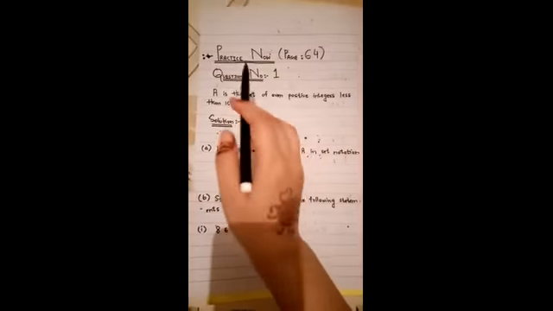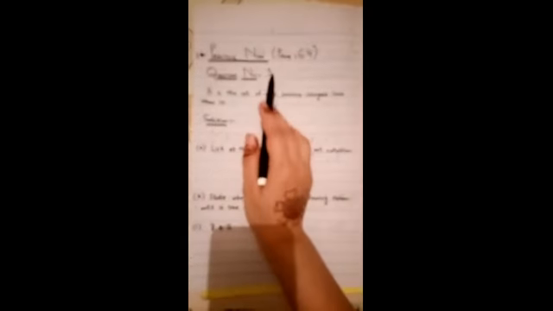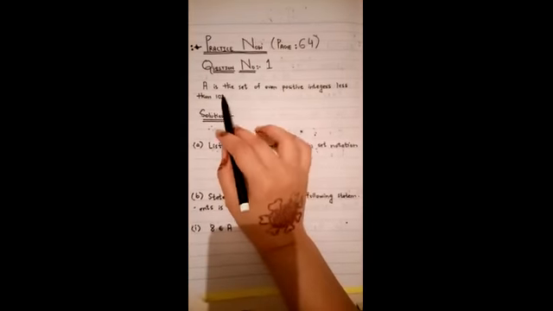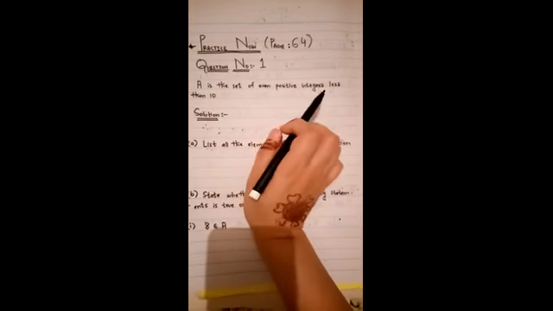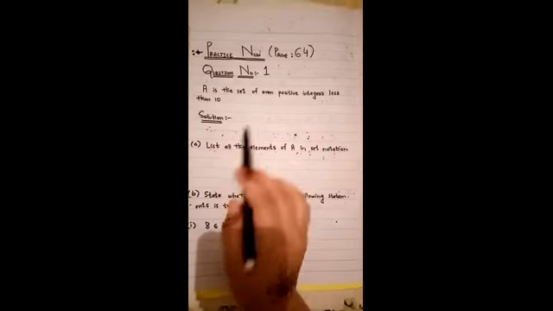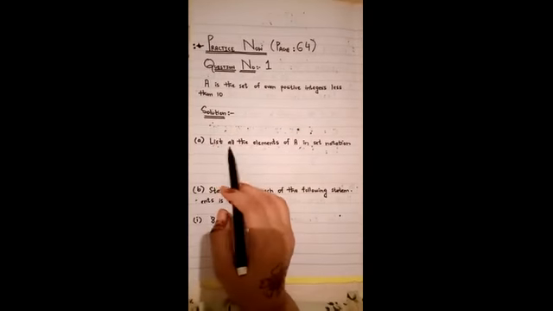Now the next question is Practice Now, page 64. Question number 1. A is the set of even positive integers less than 10. The first part is: list all the elements of A in set notation.